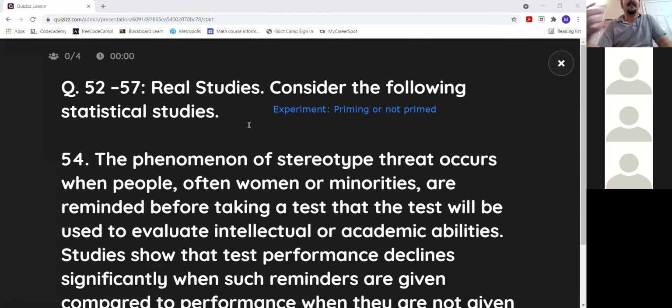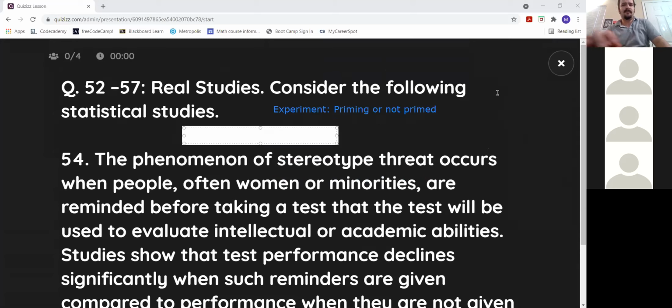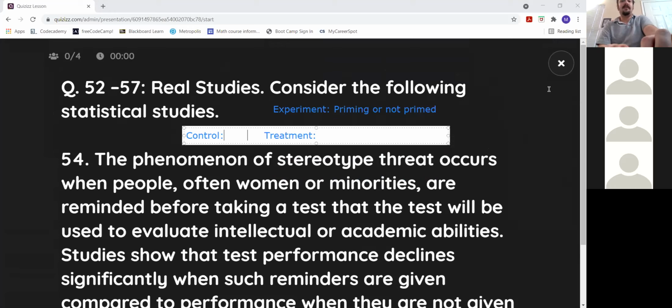And by priming, what I mean is you're telling them, hey, this is going to be part of how we judge you or something, right? And so we have a control and we have a variable group, or what are the words they use? Control. Treatment is the word they use, right? For the variable. So we have to identify our control. We have to identify our treatment. So if we're doing priming, treatment would be the people that you tell it to, right?